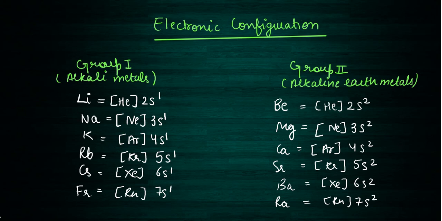Now we need to know why group 1 elements are known as alkali metals and why group 2 elements are known as alkaline earth metals.